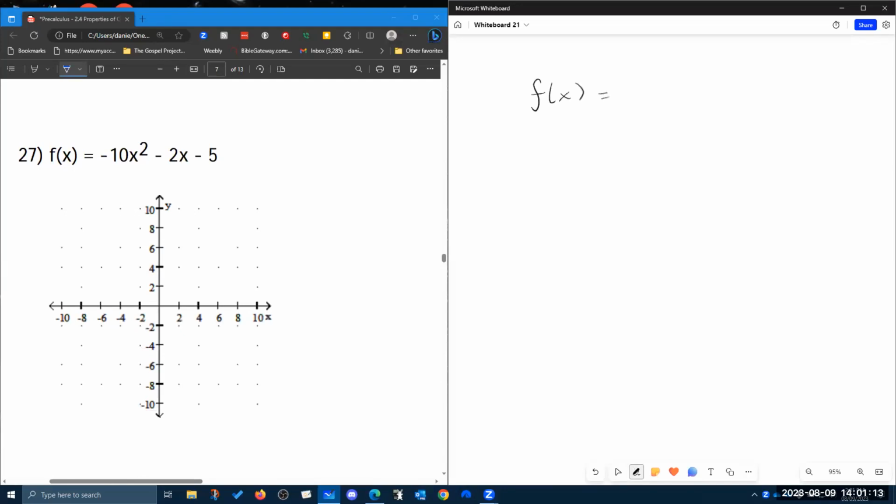F of x is equal to -10x squared minus 2x minus 5. So let's see if I can get the x coordinate of my vertex. -b over 2a is -1/10.